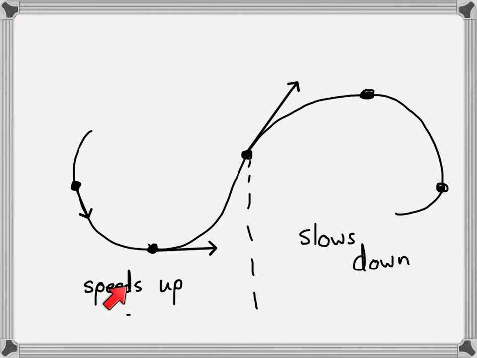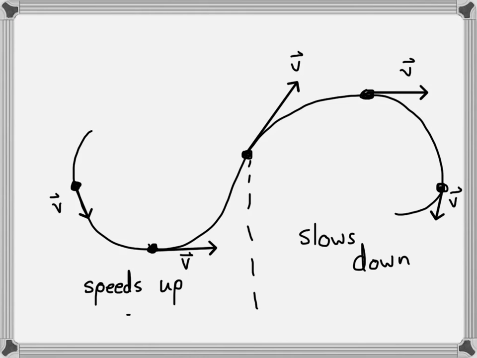Since it's speeding up over here, my velocity vector magnitude has to be getting bigger and bigger, so I'm drawing velocity vectors that are growing in size. And over here, since we are slowing down, the magnitude of my velocity vector has to decrease. So that's what my 5 velocity vectors would have to look like: growing over here, shrinking over here, and always tangential to the path.